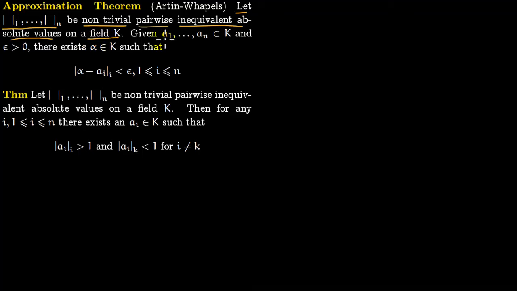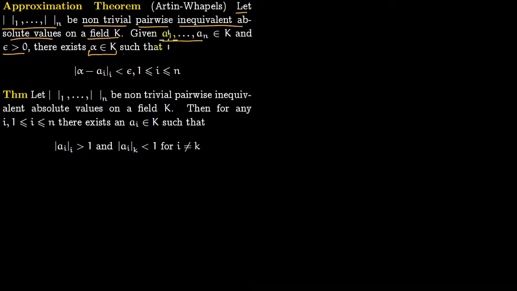And then say we are given these elements of field k, a1, a2 all the way to an in k, and there is some epsilon greater than 0 given to you. Then there exists an alpha in k such that the absolute value of alpha minus ai, taken at i, is less than epsilon.